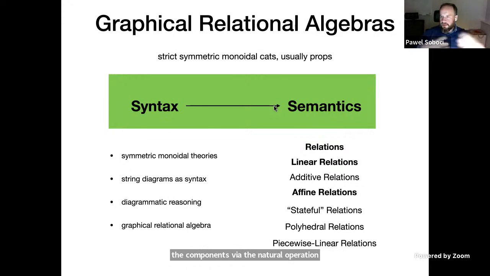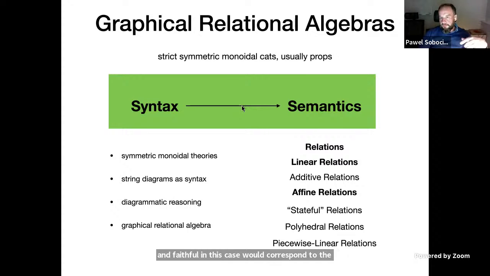So the syntax is a close fit for the semantics. And then we might want to ask additional things of this mapping, right? So things like, we want it to be faithful. And faithful in this case would correspond to the property that logicians call completeness, right?